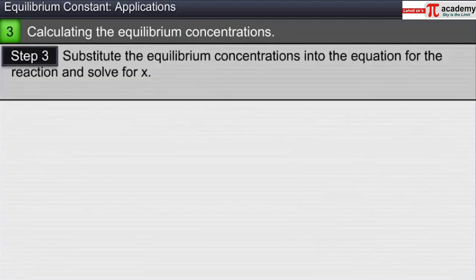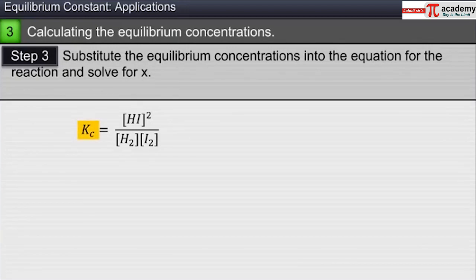In the third step, substitute the equilibrium concentrations in the equilibrium equation and solve for x. The equilibrium equation for the reaction is Kc is equal to concentration of hydrogen iodide raised to the power of 2 divided by the product of the concentrations of hydrogen and iodine.